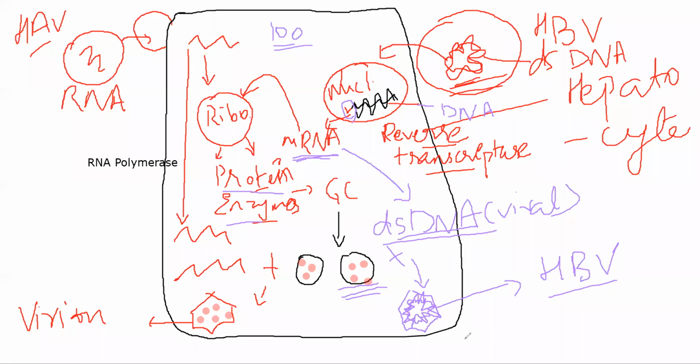Now, coming to specific types of viruses. Let's suppose we start with hepatitis A. Hep A and Hep E are very similar, which will make it easier for you to memorize.